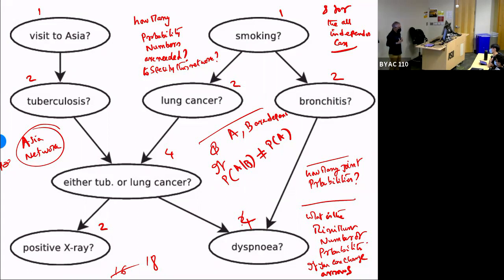You see what I'm saying? So this one is the simplest kind of independence. A and B are dependent if P(A given B) is not equal to P(A). If it is equal, then they are independent. If they're not equal, that means they're dependent. You see what I'm saying?